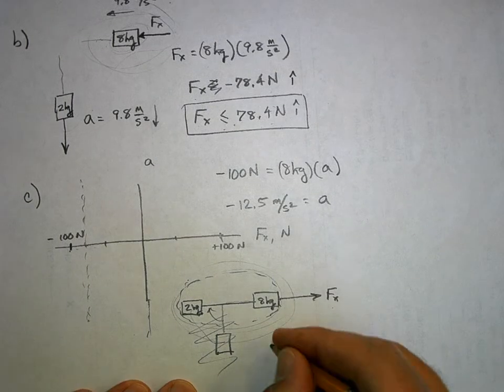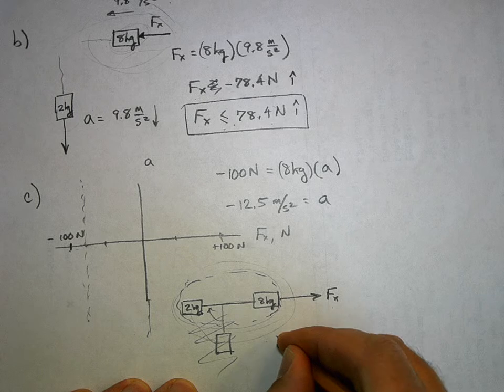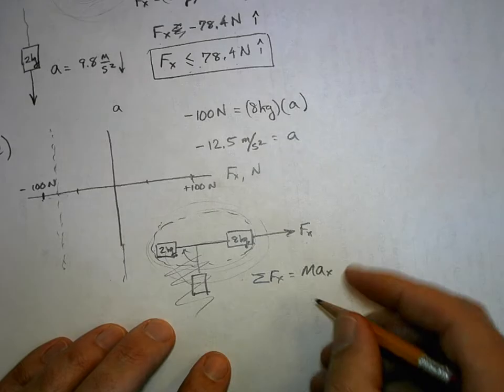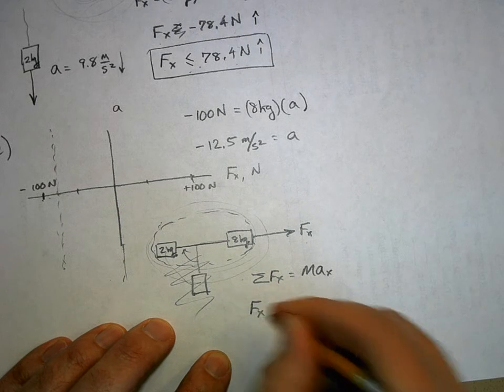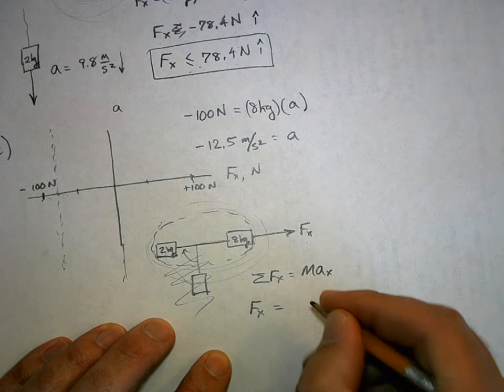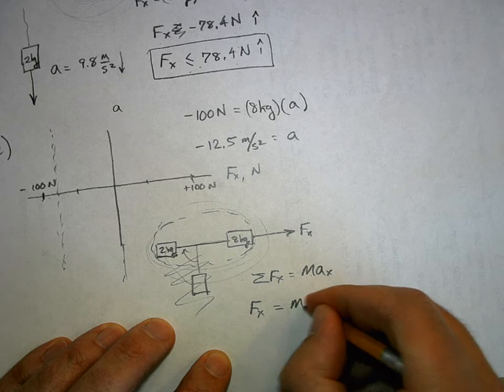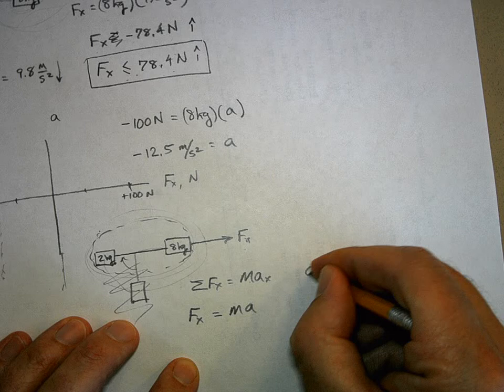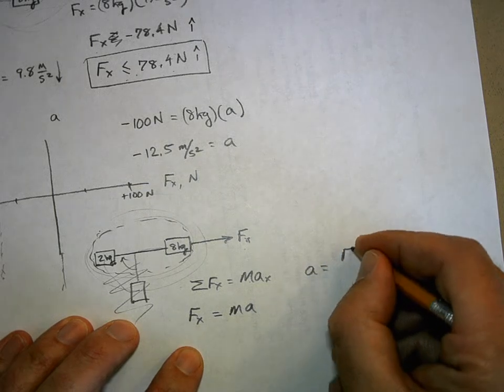So if I sum the forces in the x direction, equals ma in the x direction, all I've got is f sub x, and that's going to be equal to ma. Now I'm going to solve for a equals f sub x divided by m.